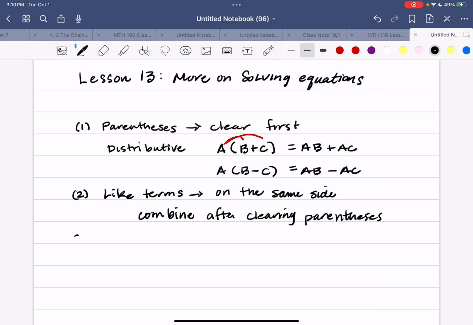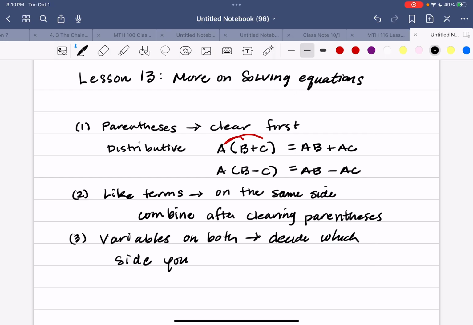And then the third thing that may happen is we may have variables on both sides. When you have variables on both sides, you have to decide which side you want those variables to be on. You're going to move variables to one side, the numbers to the other.